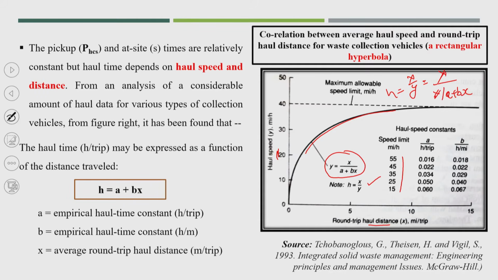So, this x will get cut and this will be a plus b x. So, that is what, a plus b x, we can find. Now, here the importance is that the haul time constants a and b should be known.